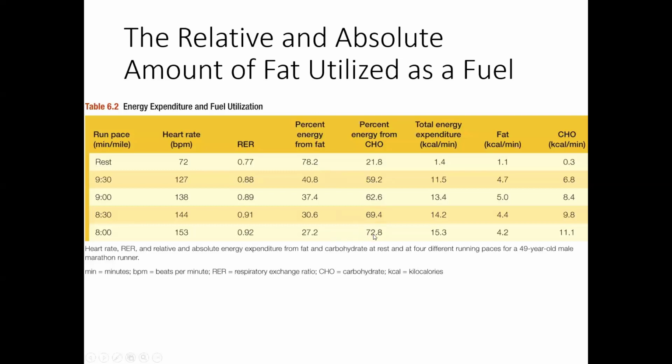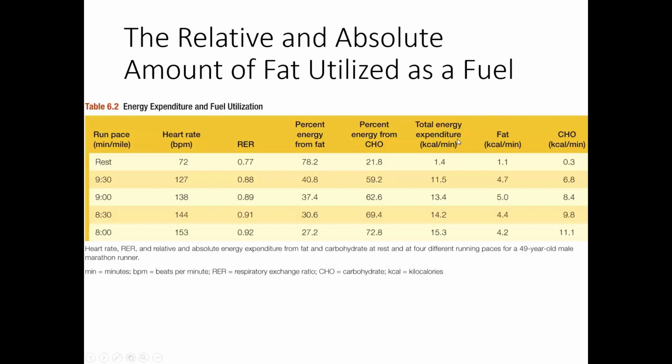So just know that at lower intensities, you're able to burn more fat and use more oxygen. But as intensity increases, you shift to more carbohydrate use because it's quicker to break down. Fat takes longer because you have to go through all those processes.